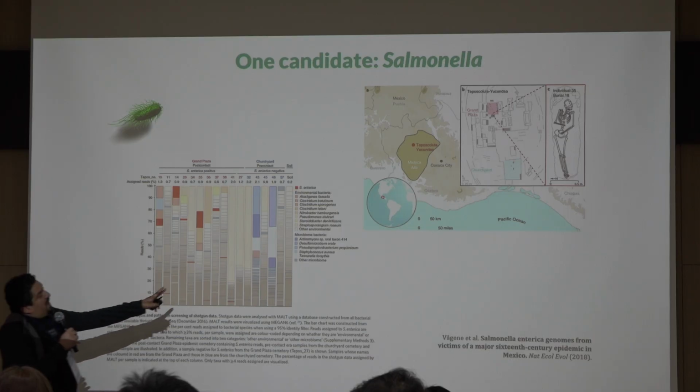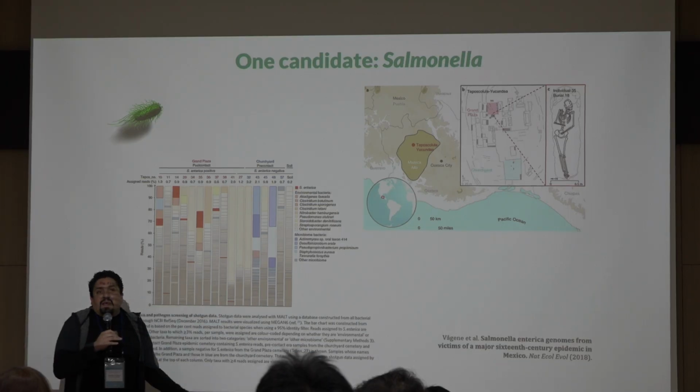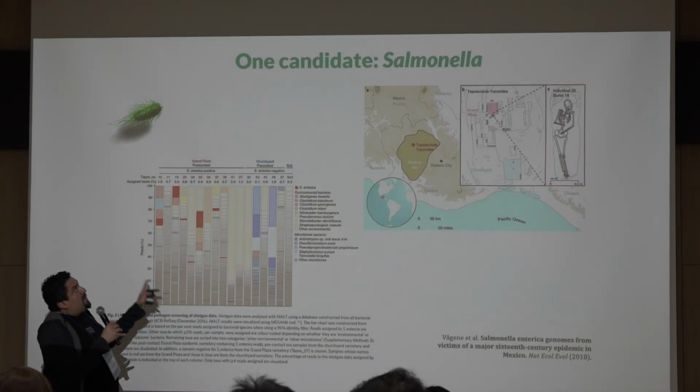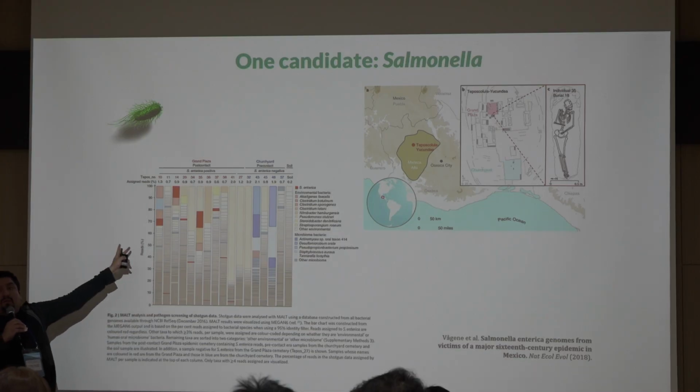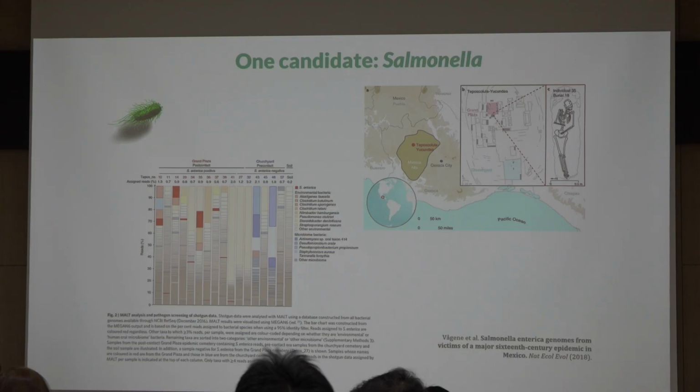They found that the pre-contact individuals were basically clean, but post-contact individuals had many reads mapping to the Salmonella genome, meaning Salmonella was probably one of the causes of this disease. But you can say you cannot tell a story like that with one point in time and space. You need more evidence. And I agree.